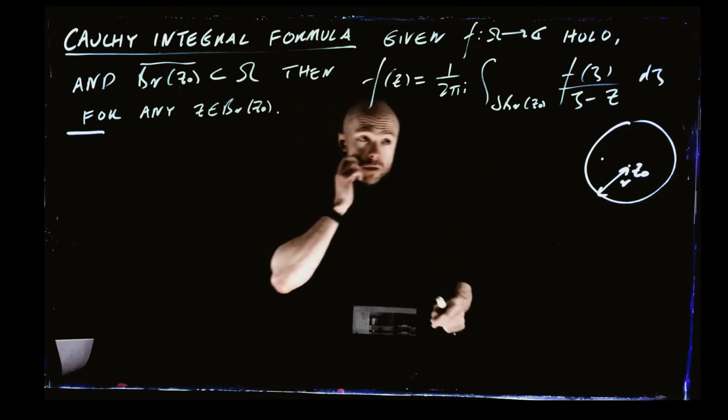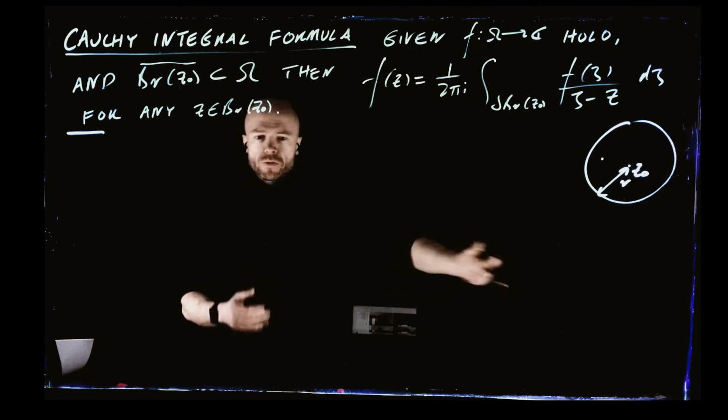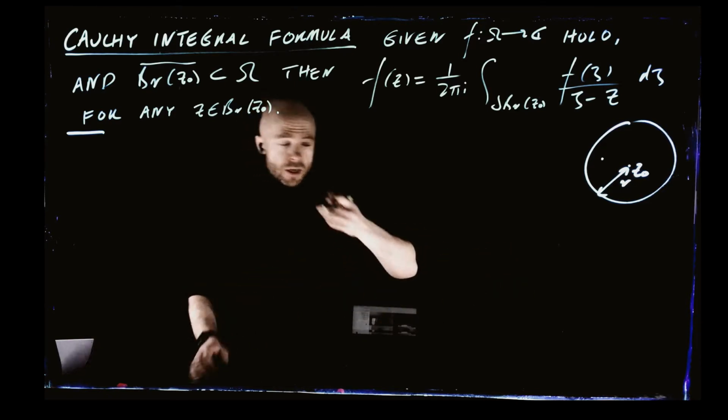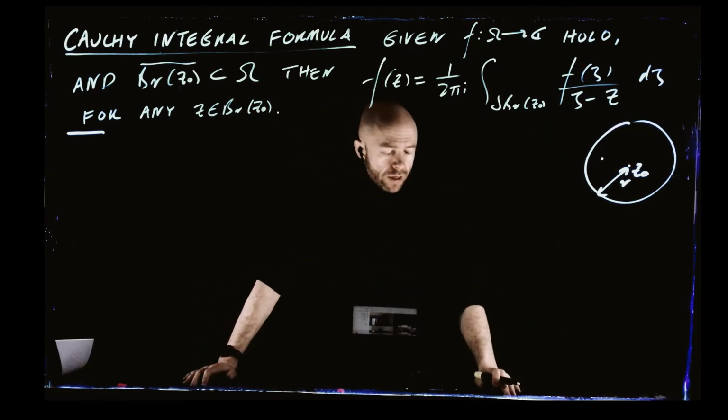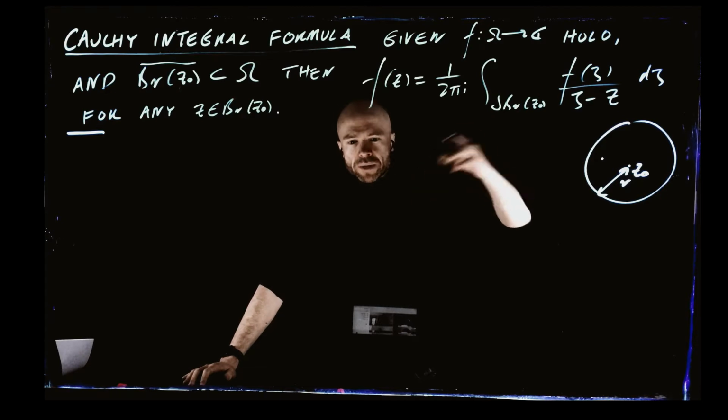Later I will show you that this formula can be deduced from the mean value theorem. So it looks a little bit complicated and unnatural when you first see it, but at its heart it is just the mean value property for the real and imaginary parts.